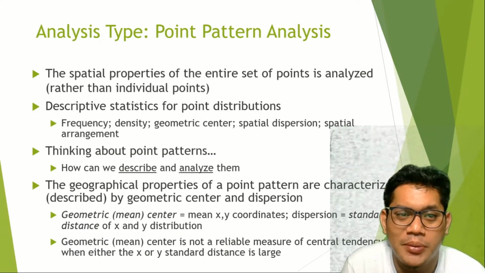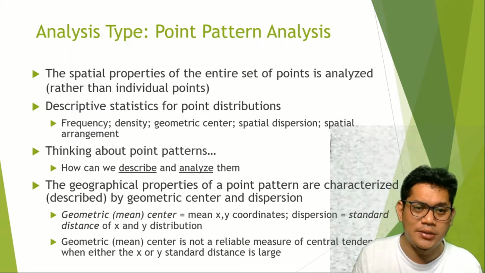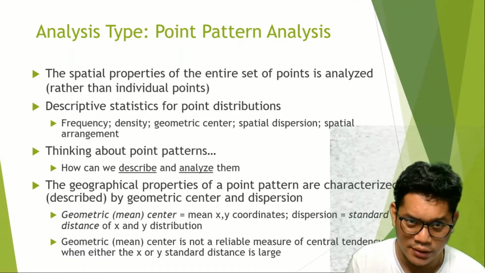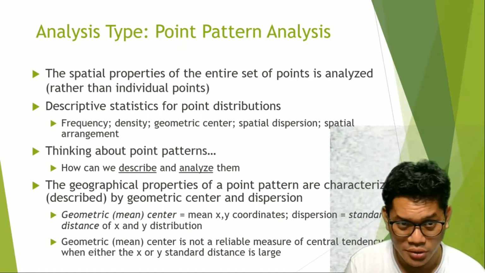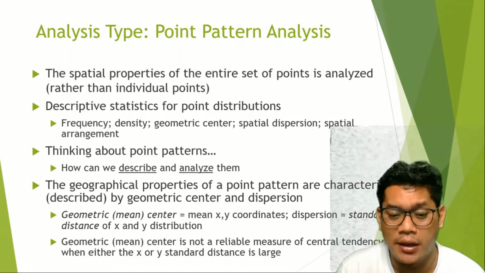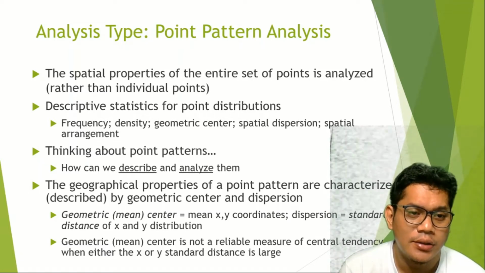For the spatial properties of entire sets, point pattern analysis analyzes the whole set rather than individual points. Let's say you have 1000 points; all of those points will be analyzed one by one and in relation to one another.